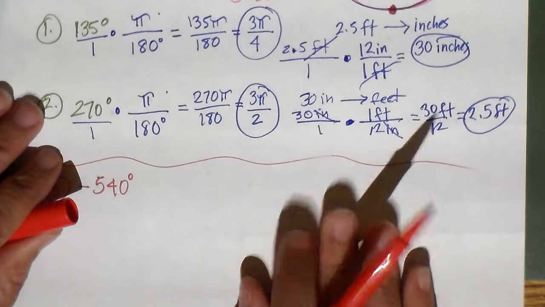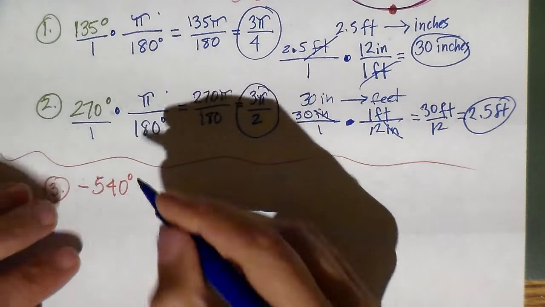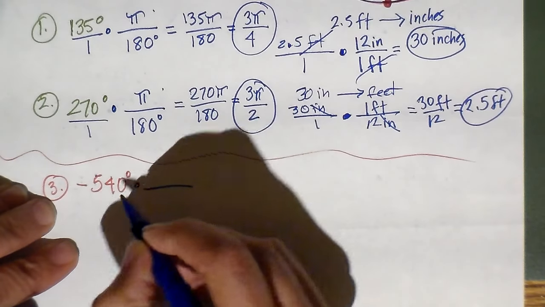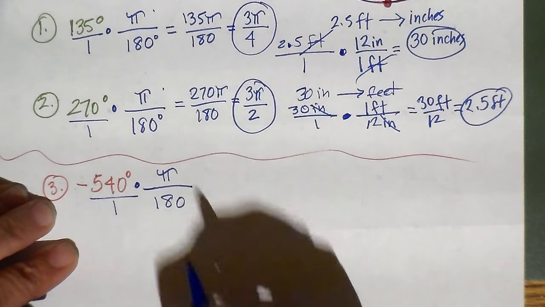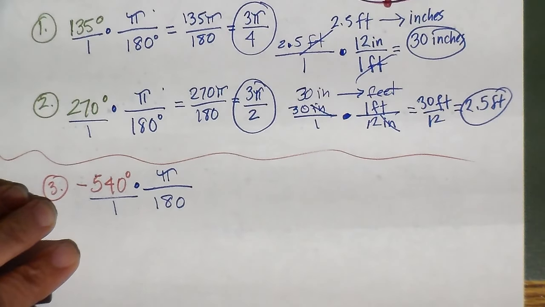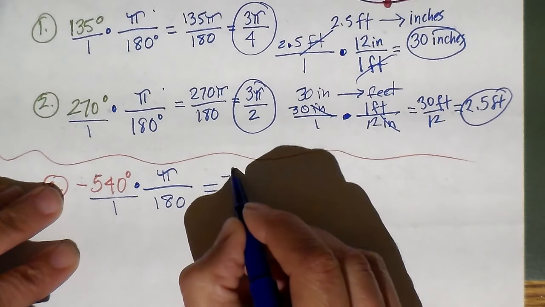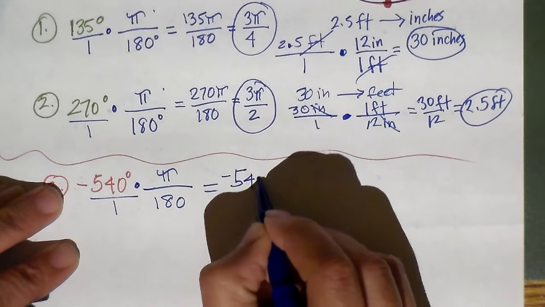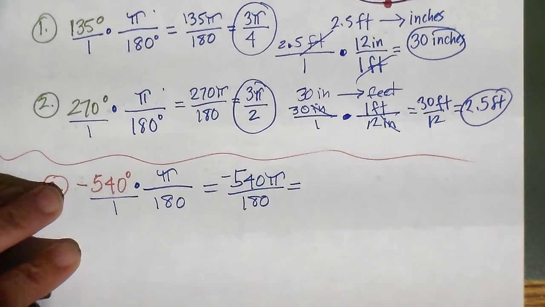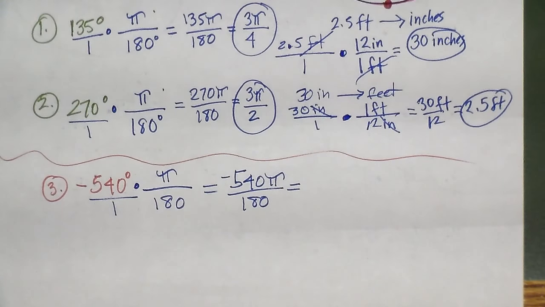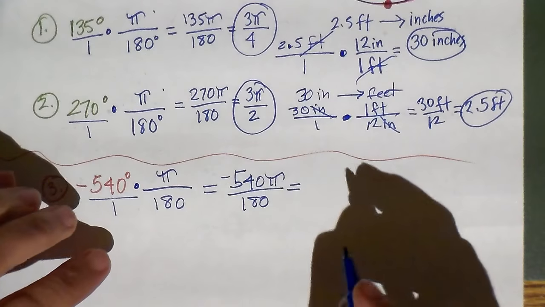So let's come down here and let's convert that negative 540. I do the same thing. I'm converting from degrees, so the degrees needs to be on the bottom. It's still pi radians for every 180 degrees. So I'm going to multiply across, and I've got negative 540 pi on top and 180 on the bottom. And again, I need to reduce. So I'm going to do 90 again because 90 goes into both of these.